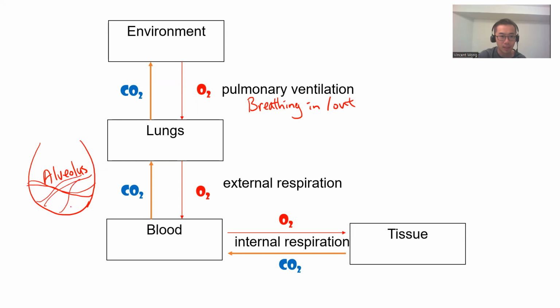I don't know if I told you this last semester, but if you don't understand this, that's okay. We're going to explain more later. So that gets the air from the lungs and puts it into the blood. The blood then circulates throughout the body and takes it to the tissue, and that exchange is called internal respiration.